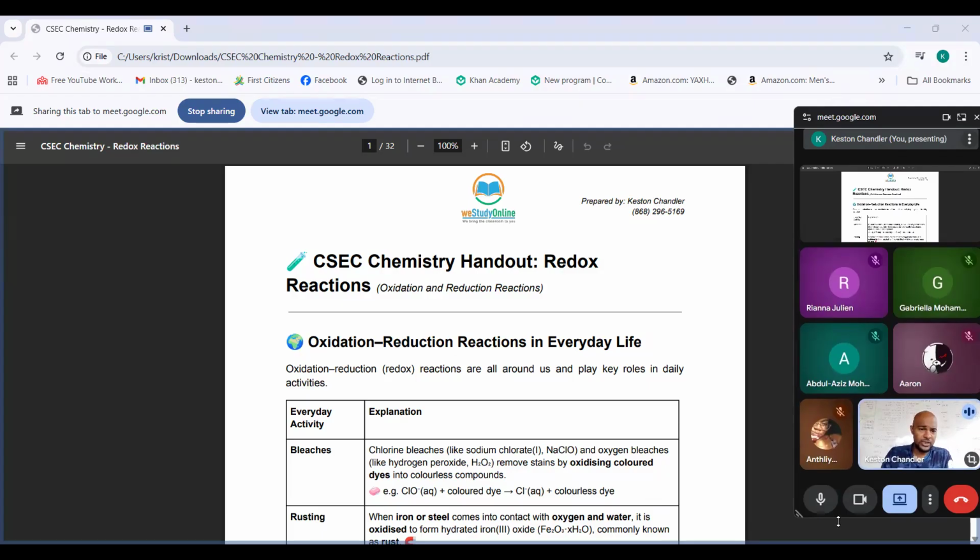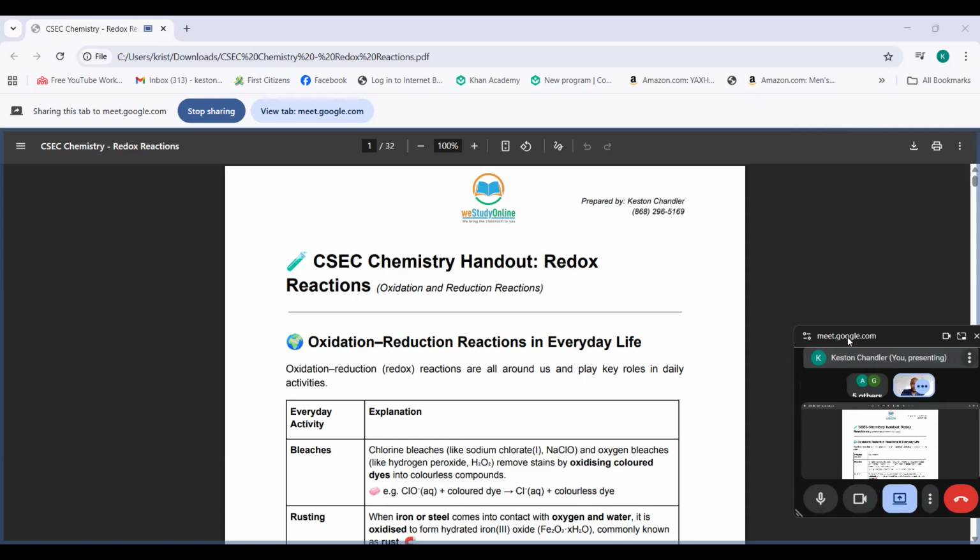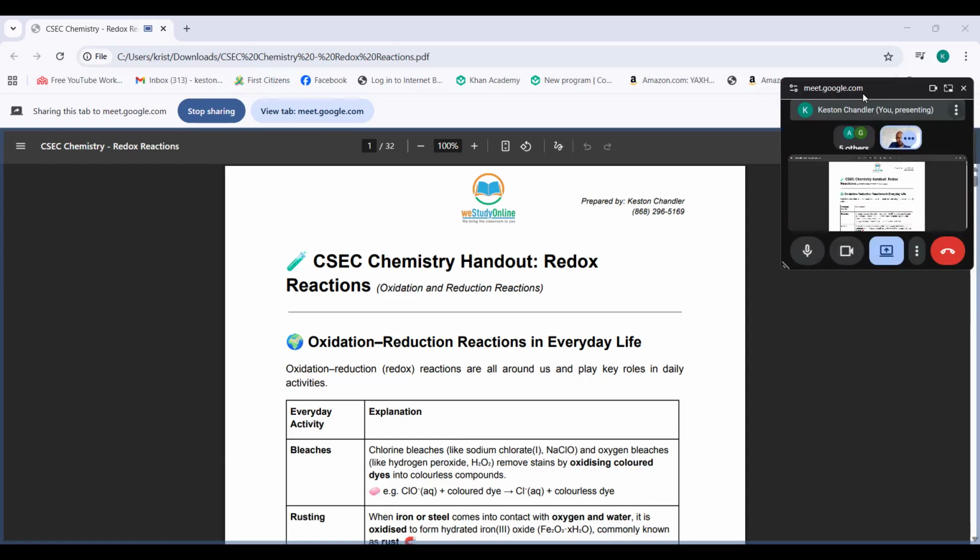So these are reactions that do occur very regularly. You probably may not have realized that, but when we, for example, bleach items, when we add chlorine bleach to our clothes, or maybe when we use things like hydrogen peroxide to remove stains, the way in which the stains are removed is by the process of oxidation and reduction reactions.